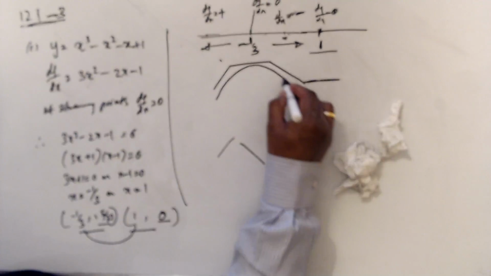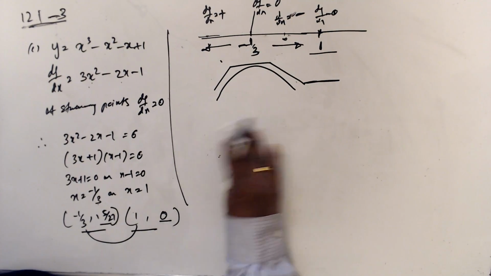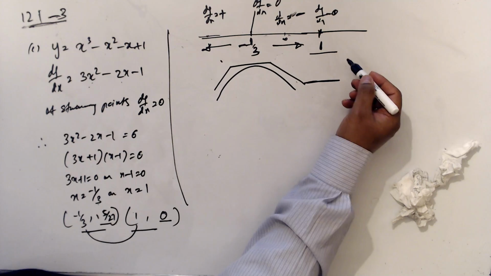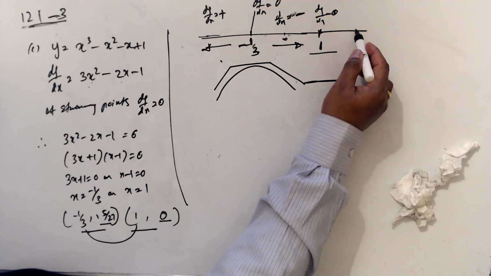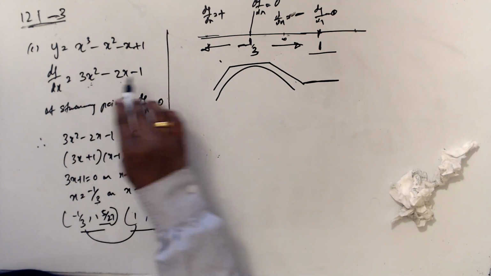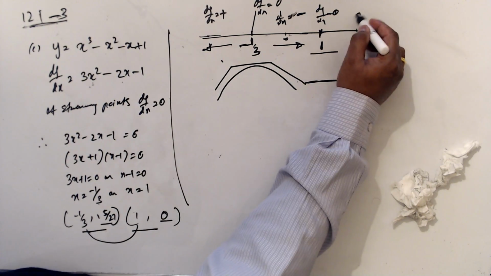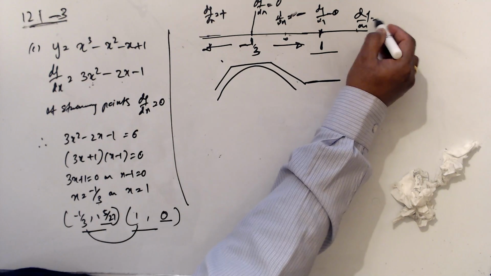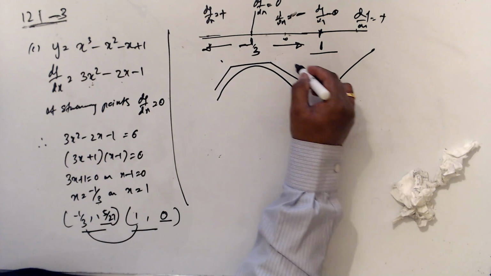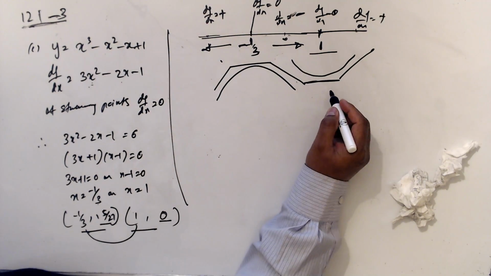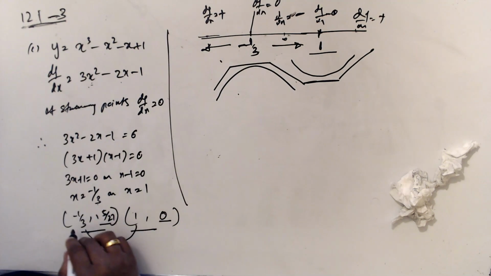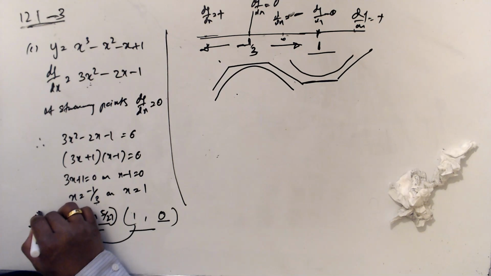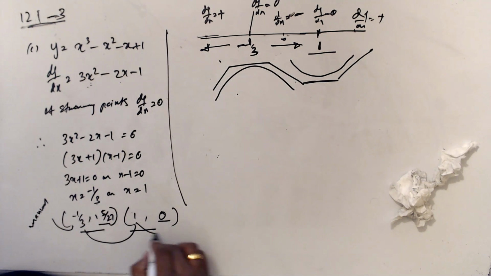So this point is a maximum point. And then let's say an x value of 1000, after 1, the square is going to be positive. dy by dx is positive, so it's going to be like this. So it is a minimum. So minus 1 over 3 is a maximum, and this is a minimum.